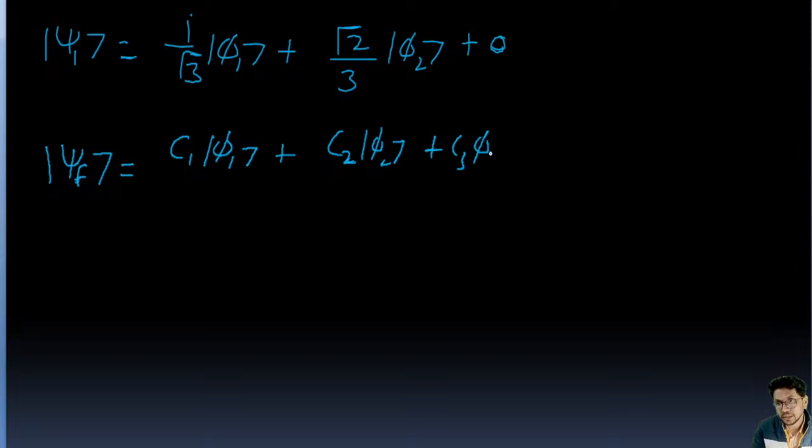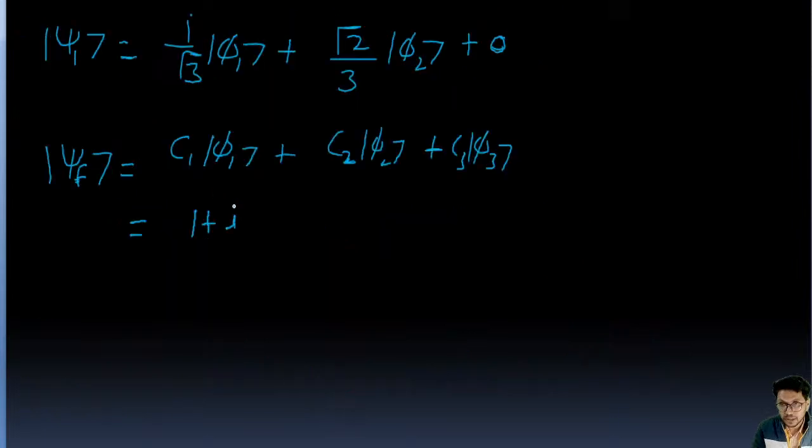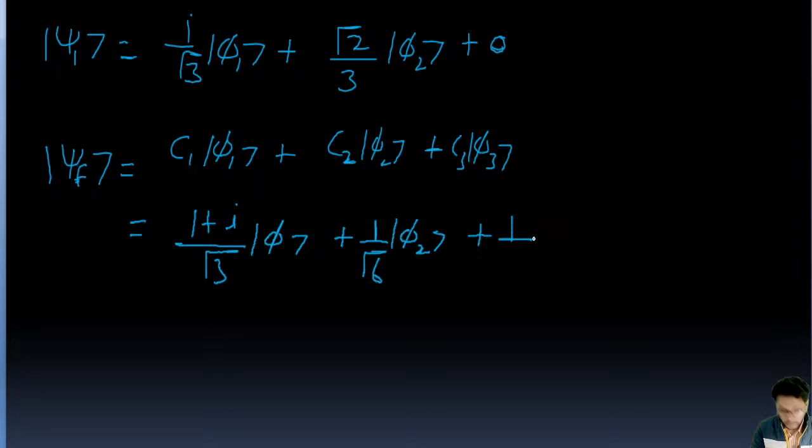For psi f, we have been given c1, c2 and c3, so we'll write it directly. It is going to be 1 plus iota upon root 3 phi 1 plus 1 upon root 6 phi 2 plus 1 upon root 6 phi 3.